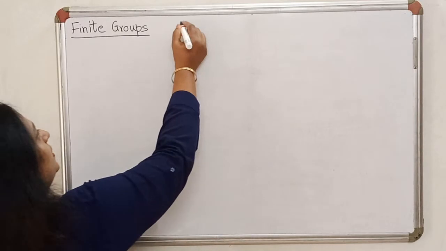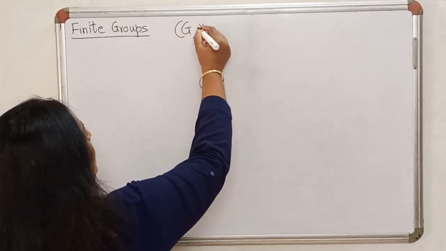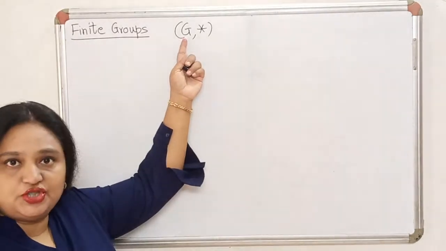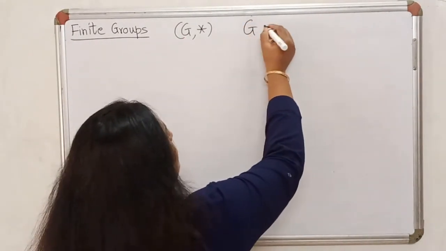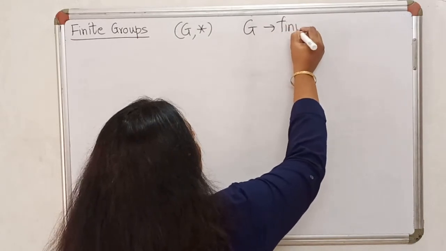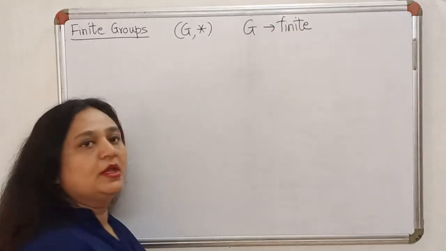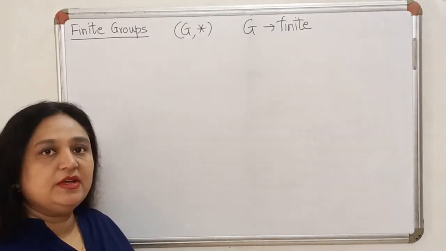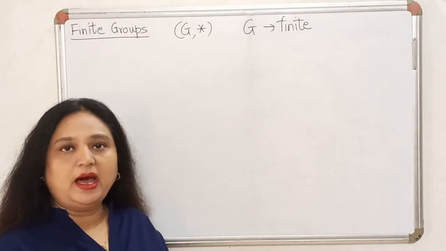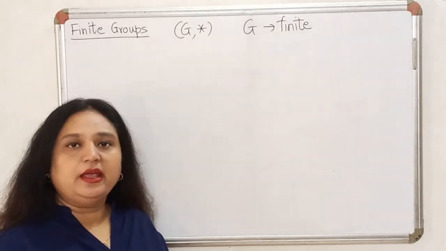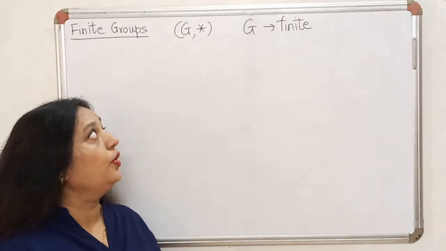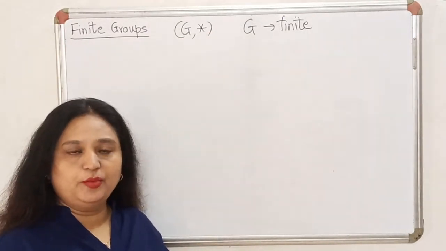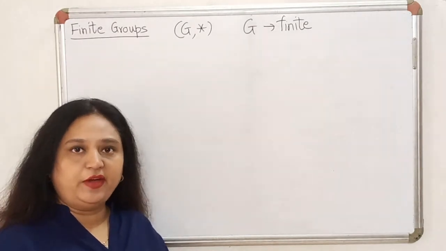So, in a group (G, star), if the underlying set G is finite, then we say that the group is finite. Otherwise, it is called an infinite group. So in a group, if the set G is finite, it's called a finite group. Otherwise, it's called an infinite group.